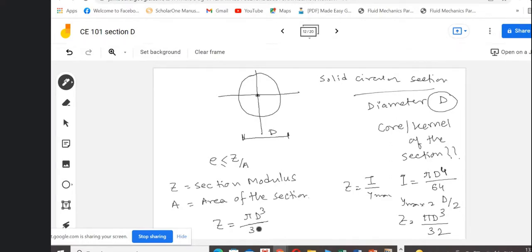Yes, sir. Okay, so what is A? Pi d square by 4, because it's in terms of the diameter. Then what will be the Z by A?